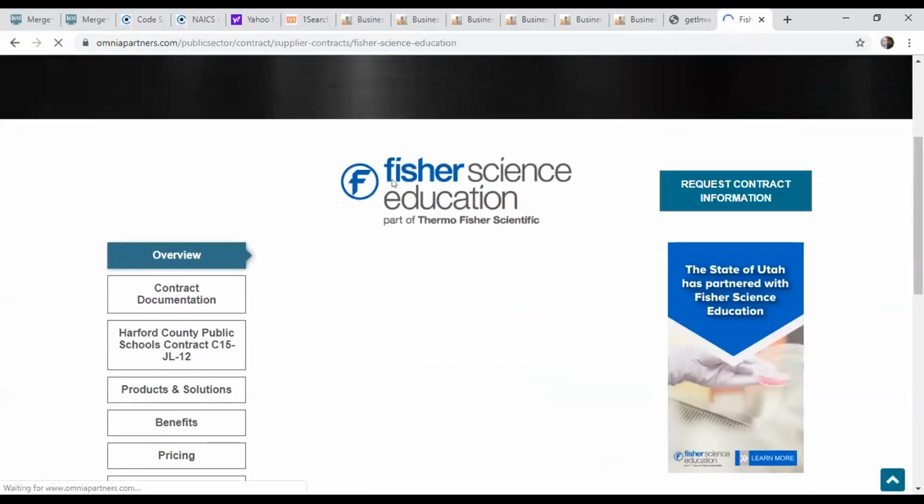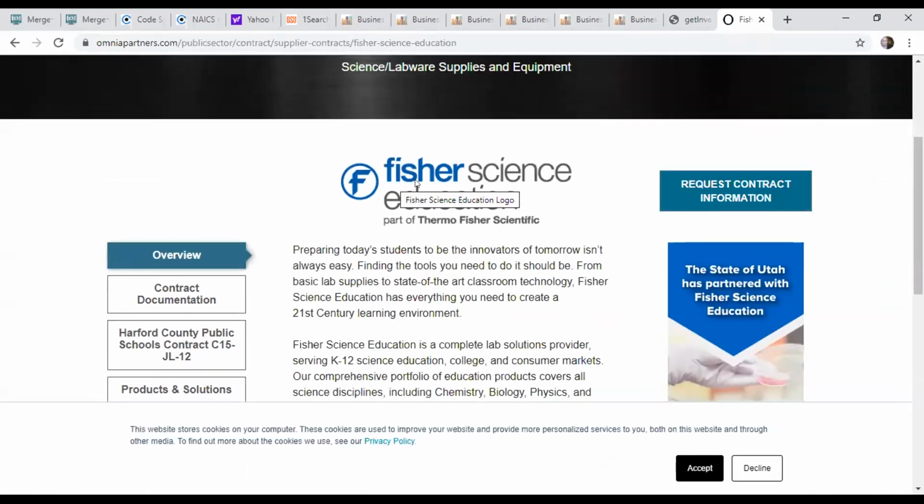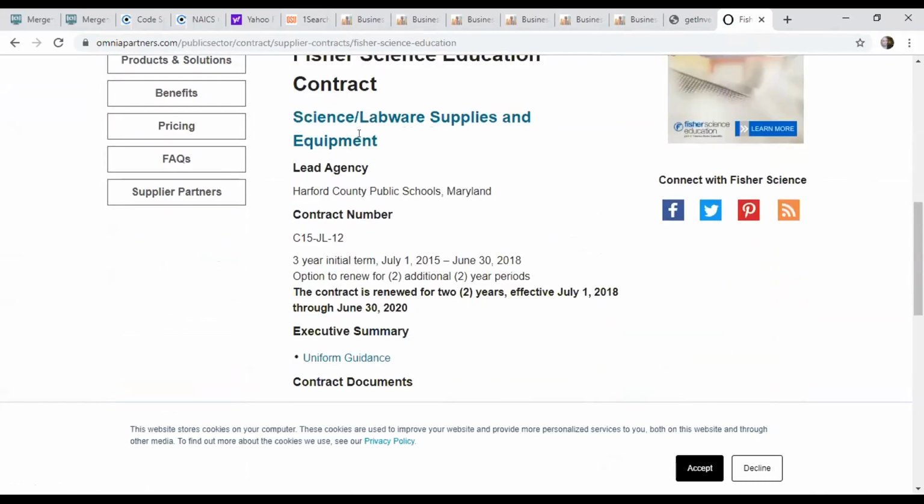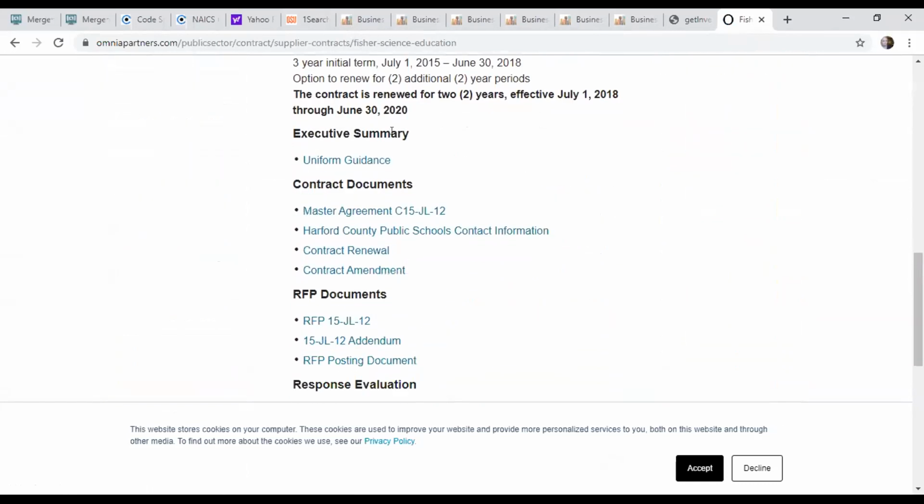And also, NASPO has a Fisher contract, which is why we're focusing so much on Fisher during this. So the next thing, I'm just going to look at their contracts, read through what they have, read through the contract documents. Again, you guys are actually going to be much better set up to do this because you will already know if you have a contract with Omnia. And you'll know what your contract is and potentially what other states have as well.